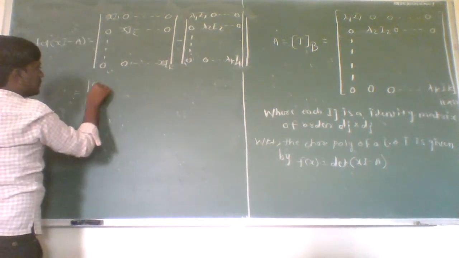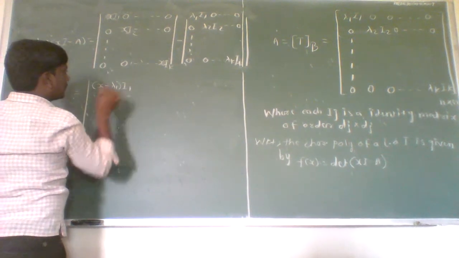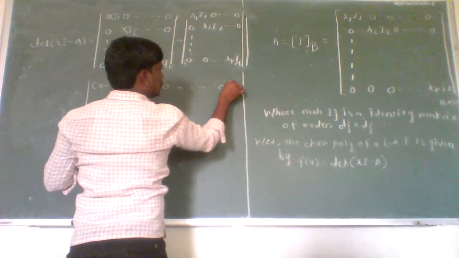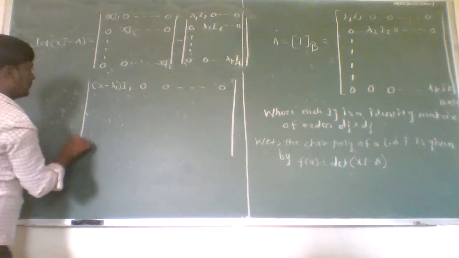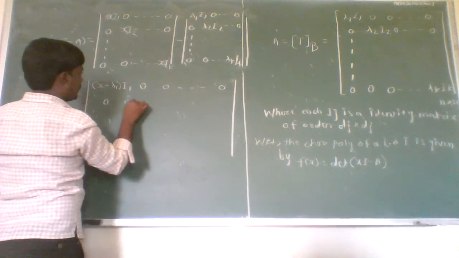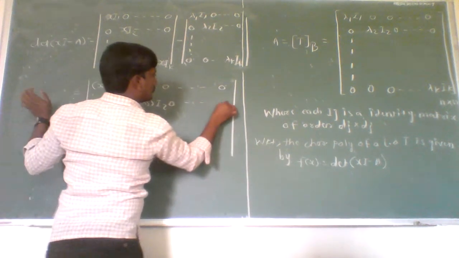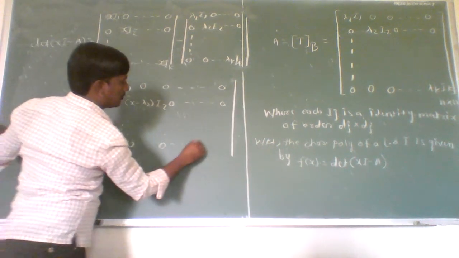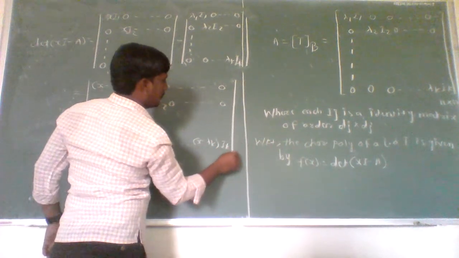So which is nothing but the block diagonal matrix with x minus lambda 1 I1, 0, 0, and so on, 0, 0, x minus lambda 2 I2, then 0, 0, 0, x minus lambda k Ik, where this is a determinant of order n cross n.